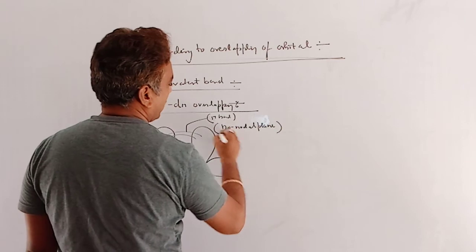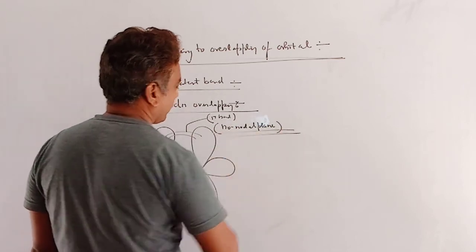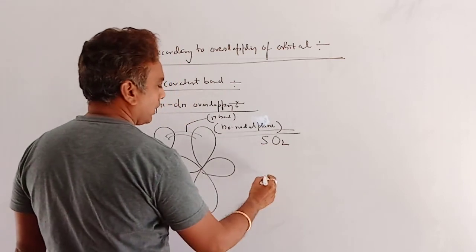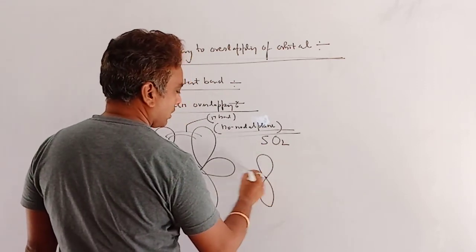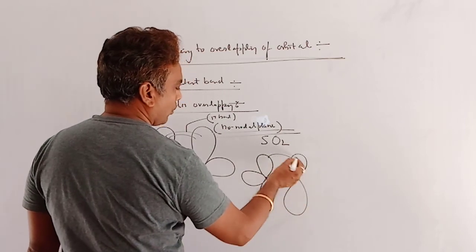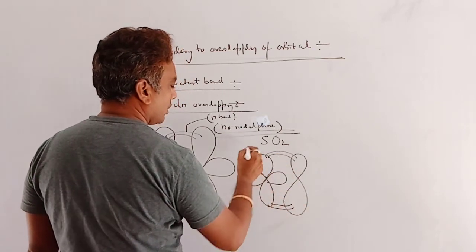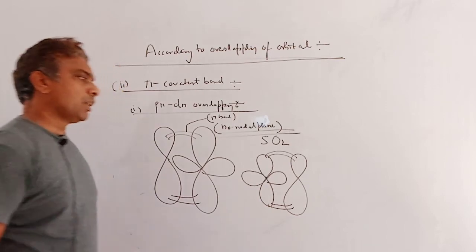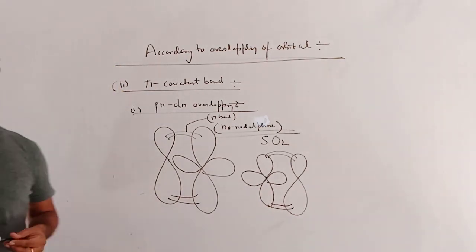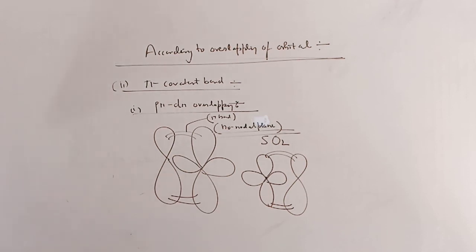No nodal plane is observed. For example, like SO2, 1d of S overlaps with 1p of O, so it forms d pi p pi overlapping. Clear? In which no nodal plane is observed.